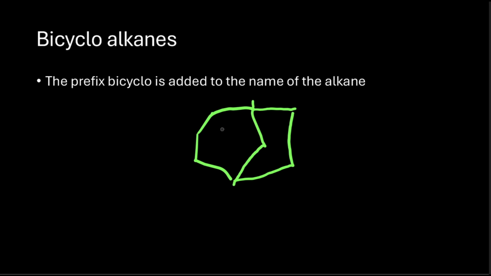And then if we look at our left hand side, we have 1, 2, 3 carbon atoms here. If we go to our other side, we have 1. Go to our right hand side, we have 1, 2 carbon atoms. And then on the bridge, we have 1 carbon atom. So we have 3 carbon atoms here. We have 1 here and then 2 here.